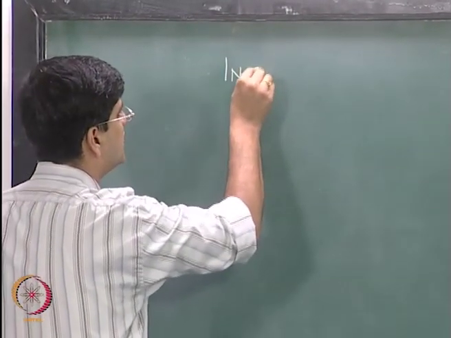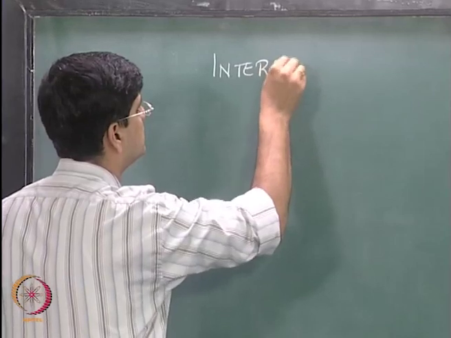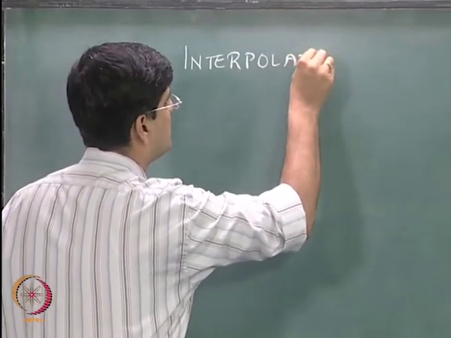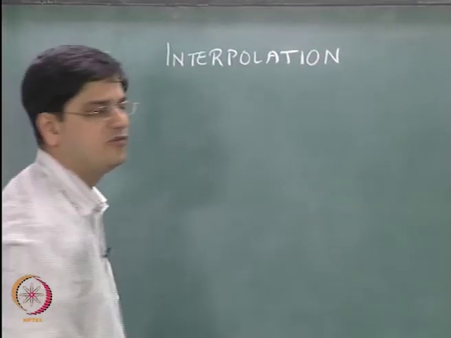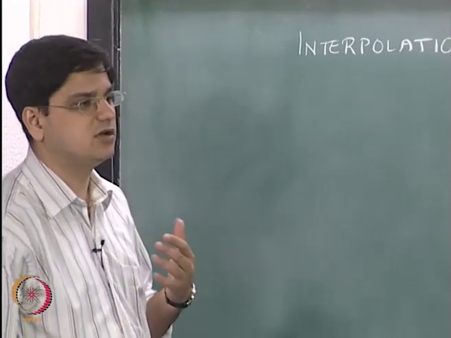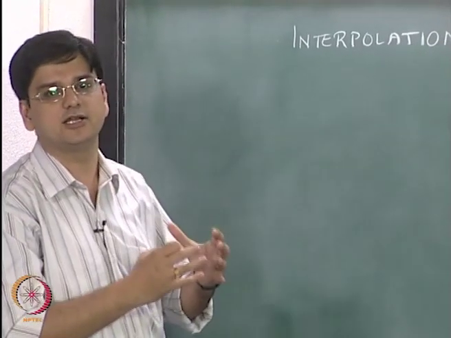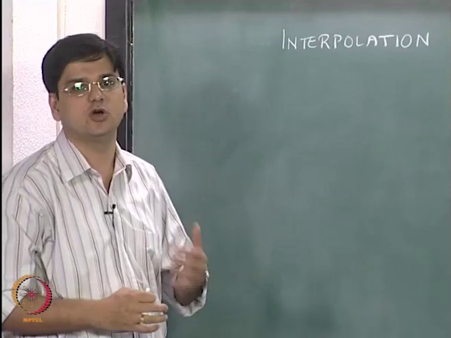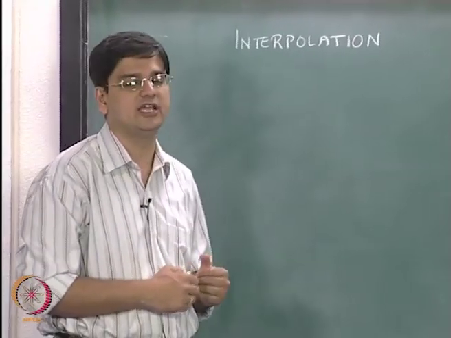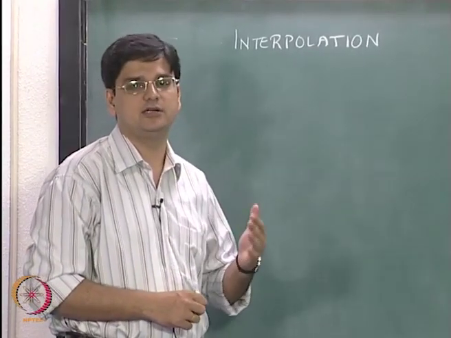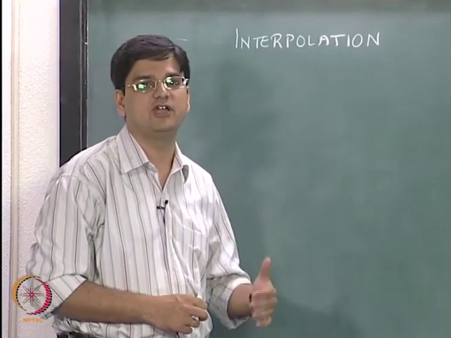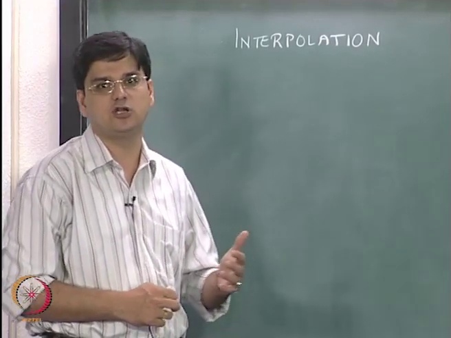So the first and straightforward method of doing interpolation is what we looked at in the previous lecture. We saw polynomial fitting. If we had n data points, we said that we can fit up to an n minus 1th order polynomial.